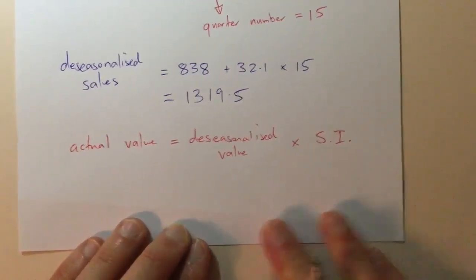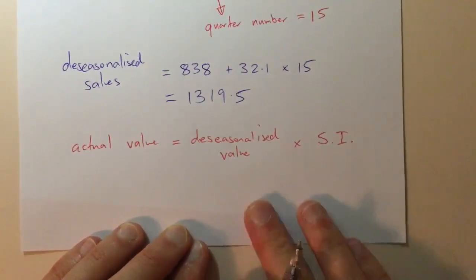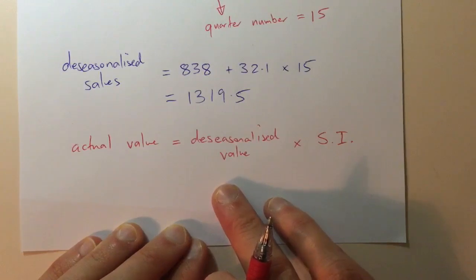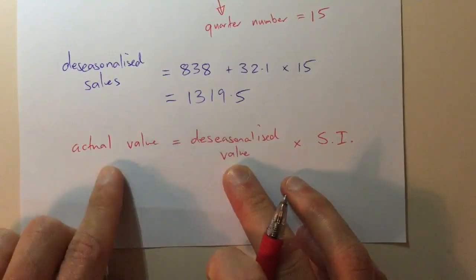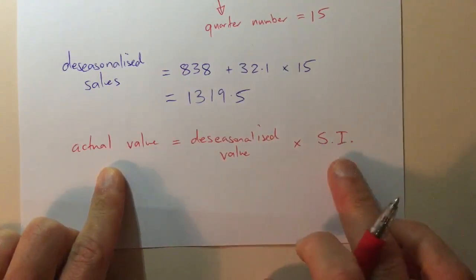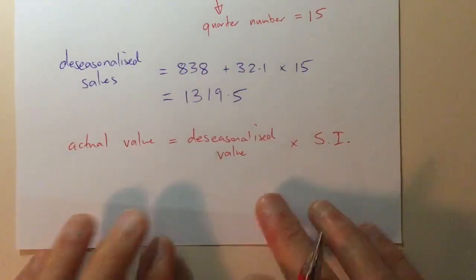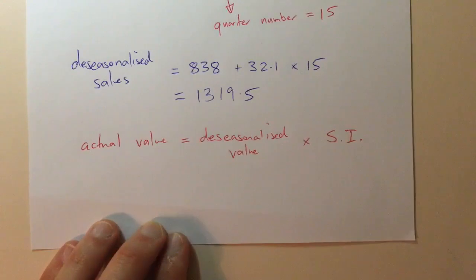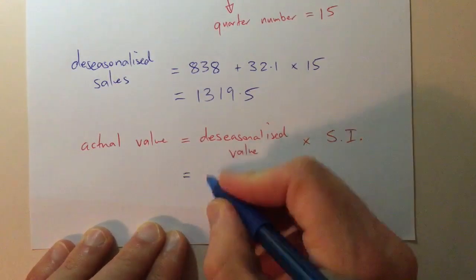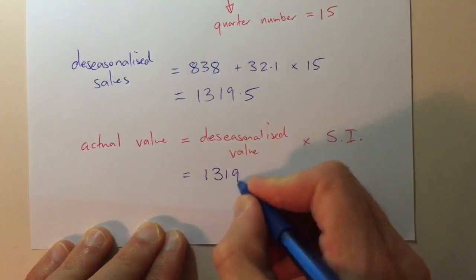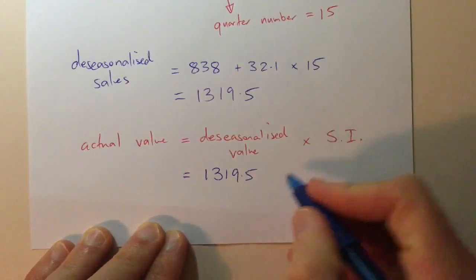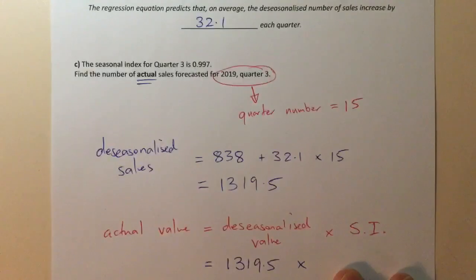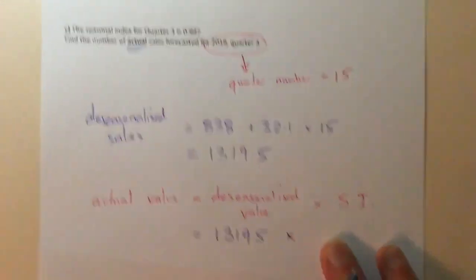It's a bit backwards, right? When we're given a deseasonalized value and we want to find the actual value, we're going to multiply by the seasonal index. That's a rearrangement of one of our other formulas, when we're working backwards to find this actual value. So for this question, that's going to be 1319.5 times the seasonal index, which was given to us in the question, which was 0.997.